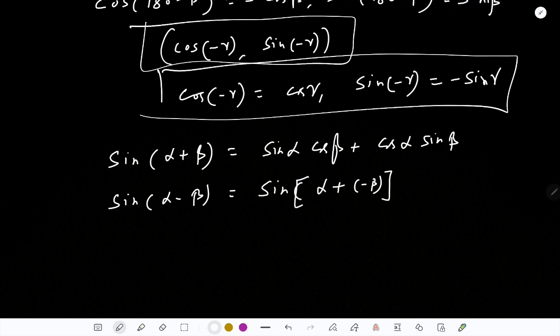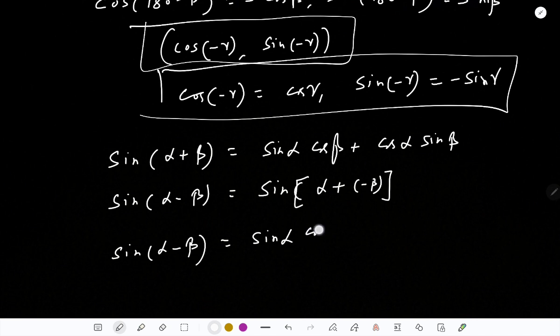And in this formula, you can find it simply by replacing beta by minus beta.